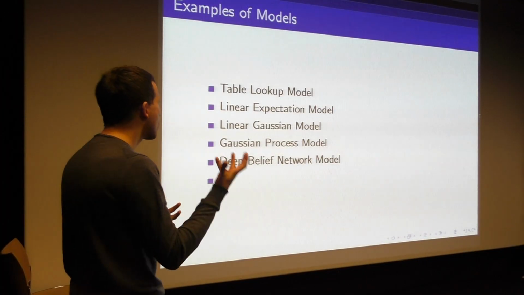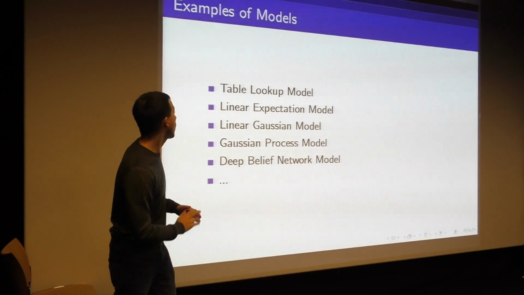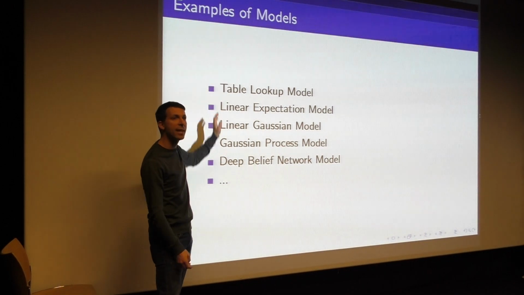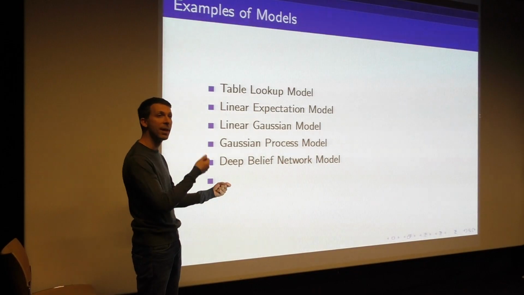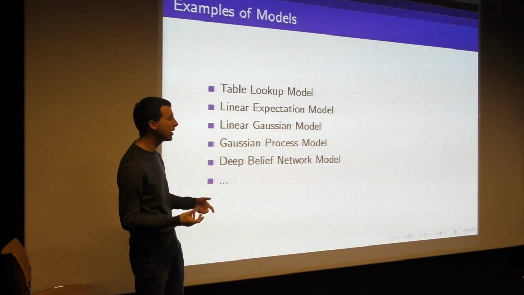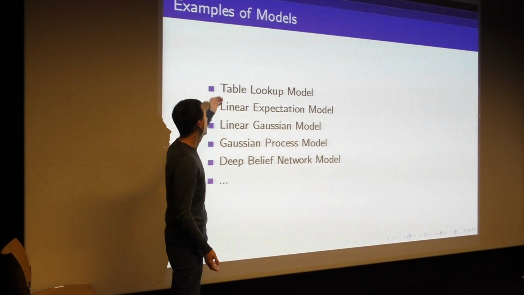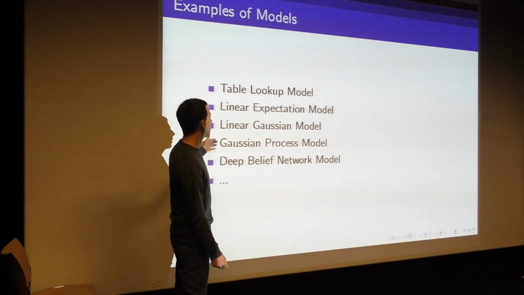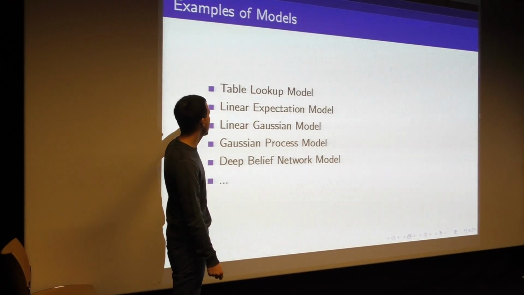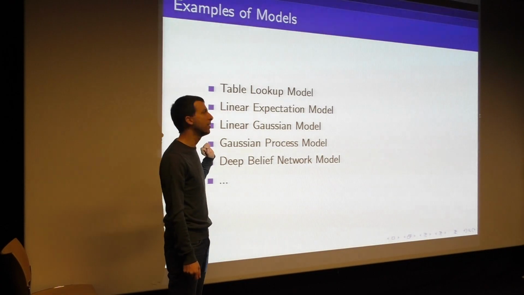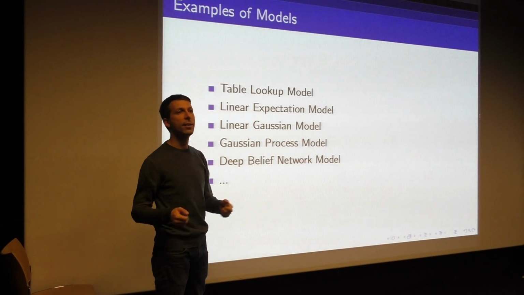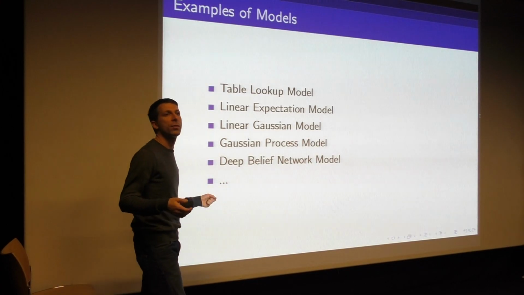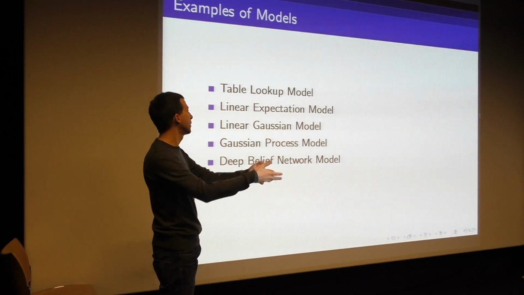So let's just make this concrete by thinking about examples. I will talk about the simplest possible case in the coming slides, which is the table lookup model, where basically for every state action pair we estimate the reward and the next state separately. In general, of course, this doesn't scale, and it's usually a bad idea, so you can pick your favorite approach. You could make a linear model, where you basically say, what's the expected next state if I have some features describing my state and action, what will my expected next features be?